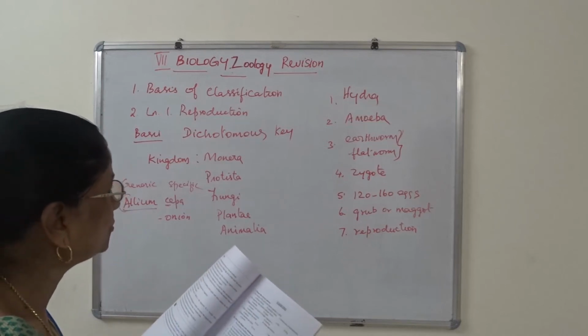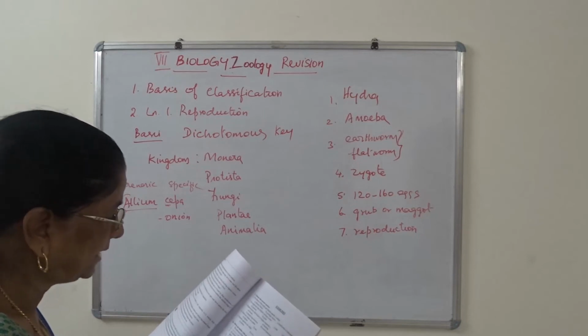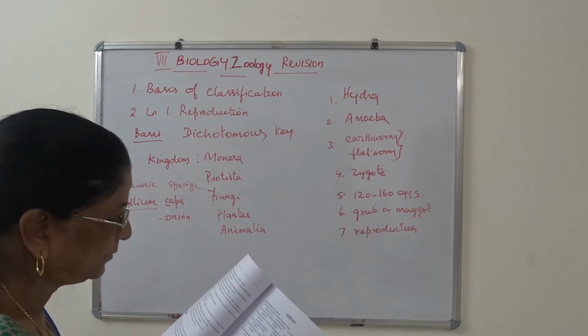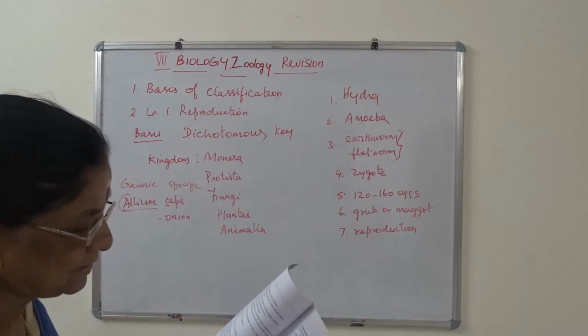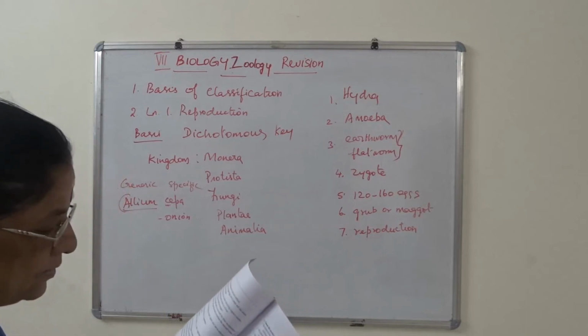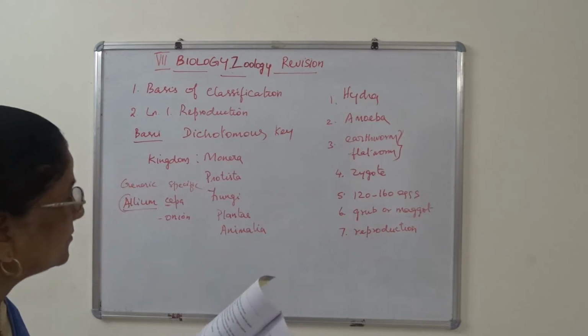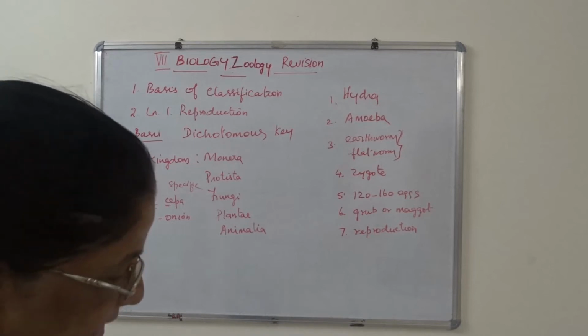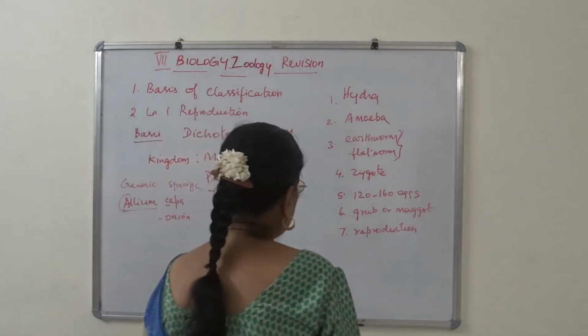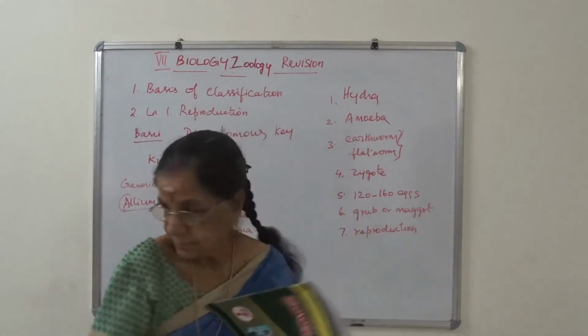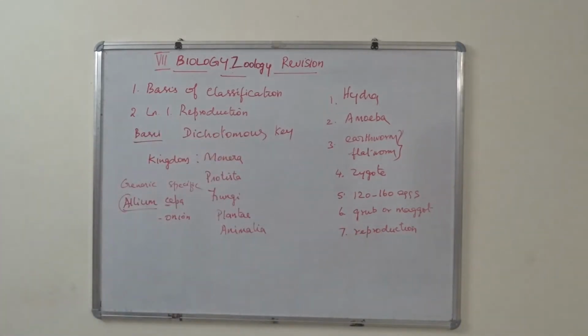And then the fourth one, male and female gametes fuse to form a single cell called zygote. Fifth one, the breeding season is March. That I have not missed.